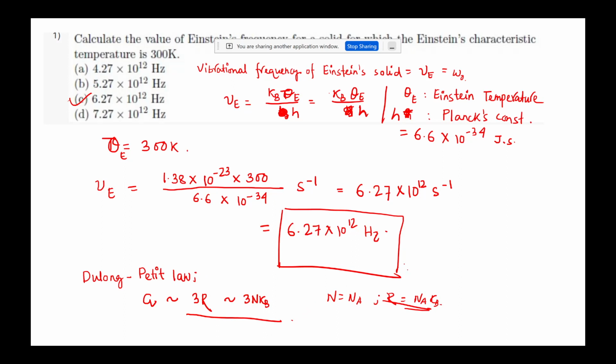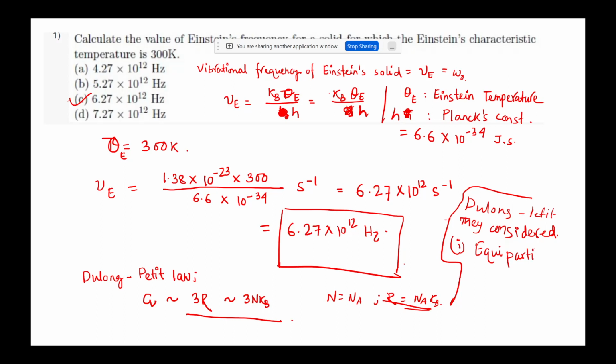What they considered in Dulong-Petit: first they considered the equipartition theorem, equipartition of energy, and they considered 6 degrees of freedom of each molecule. Each degree gives half kBT, but if you take the derivative, there will be only kB.